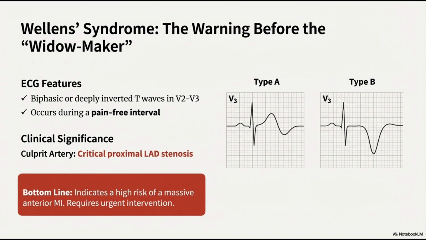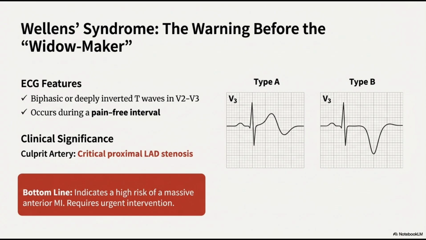Okay, 0.5 millimeters. Let's talk about the legendary Widowmaker warning, Wellens syndrome. This one is, to me, perhaps the scariest because the patient looks great while their heart is getting ready to fail catastrophically. It is the ultimate ticking time bomb, a huge trap for complacency. Wellens indicates critical proximal LAD stenosis, a blockage in that main artery that feeds the entire front of the heart. And the ECG features: you see these biphasic or deeply inverted T waves in V2 and V3.